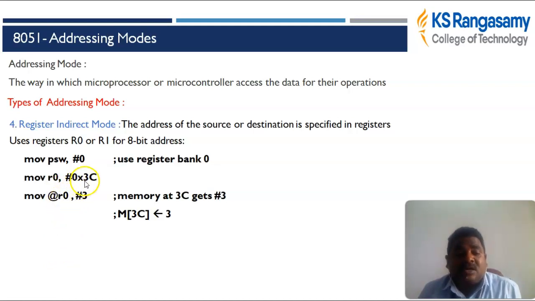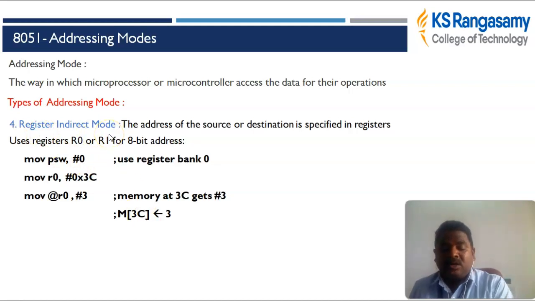Address of the register R0 is 3C. Simply we can say that 3 will be copied to the content of R0. Content of R0 is 3C. So the address is 3C. So this is register indirect addressing mode.